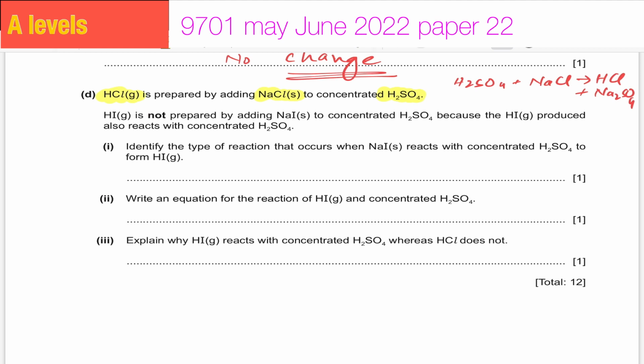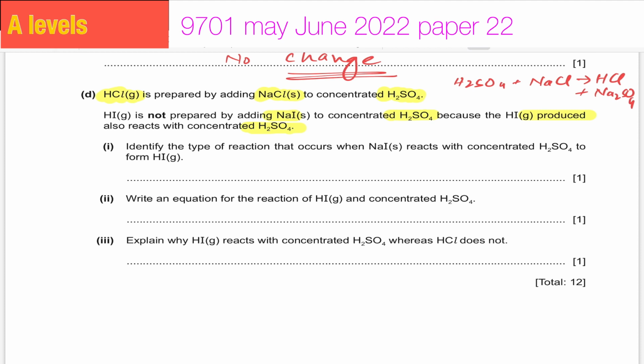HI is not prepared by adding sodium iodide to concentrated sulfuric acid, because the HI produced also reacts with concentrated sulfuric acid. Just like we prepared HCl by adding sodium chloride and sulfuric acid, we cannot prepare HI in this manner. Instead of NaCl, if we take sodium iodide and react it with sulfuric acid, we get HI.